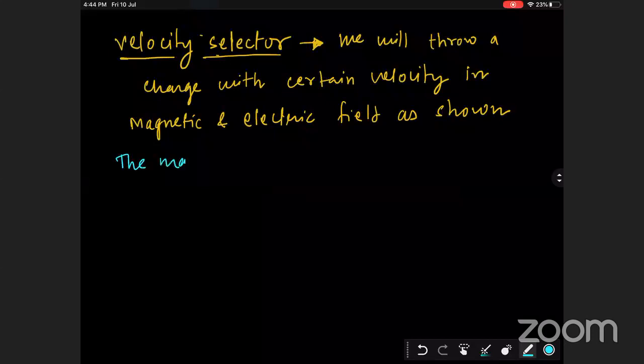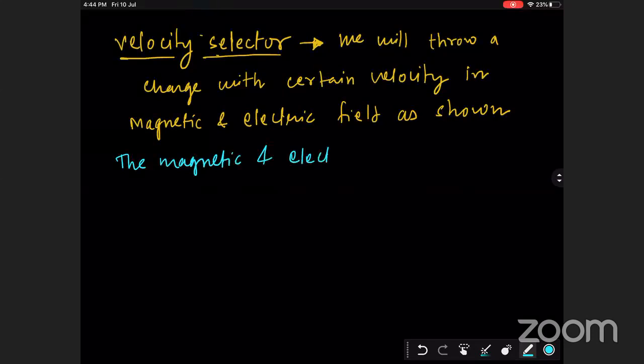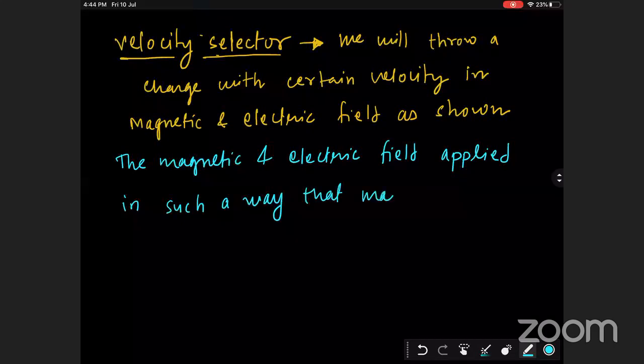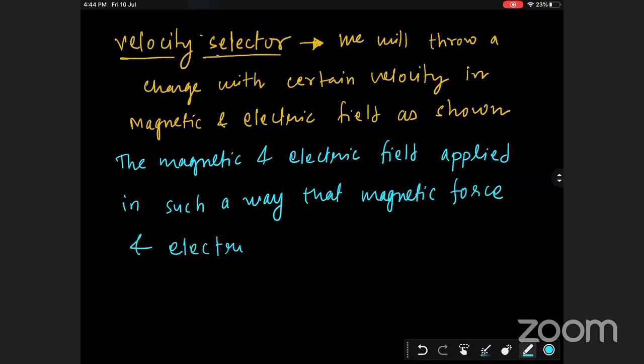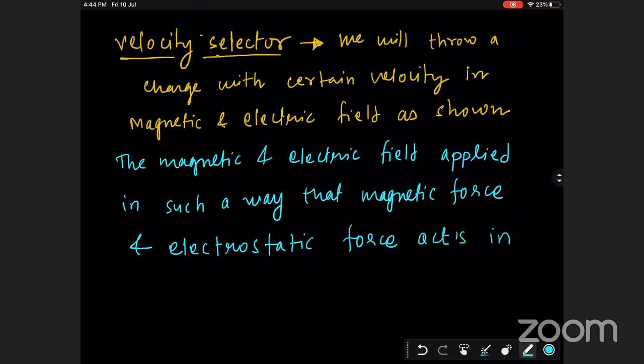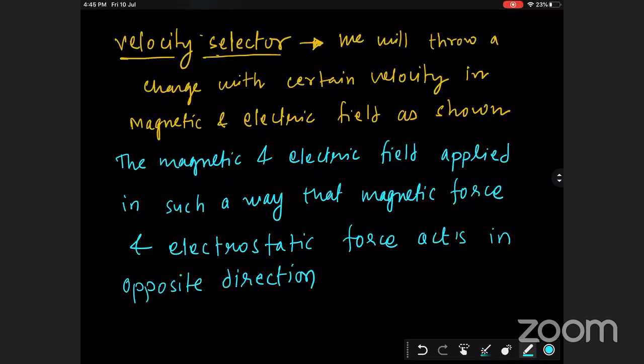The magnetic and electric field are applied in such a way that magnetic force and electrostatic force act in opposite direction.